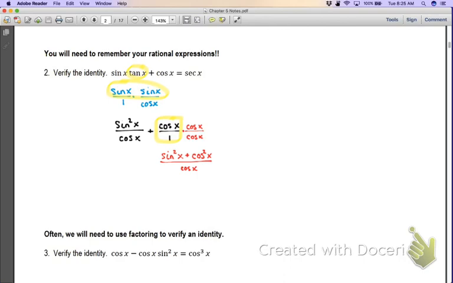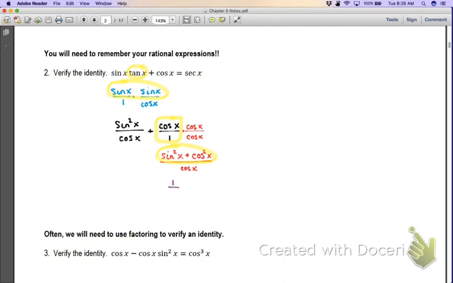Did I get anything, mainly on the top, from that yellow box at the very beginning, or something that you've seen before? Pythagorean identity, right? So what is the Pythagorean identity? Yeah. Sine squared x plus cosine squared x is equal to 1.